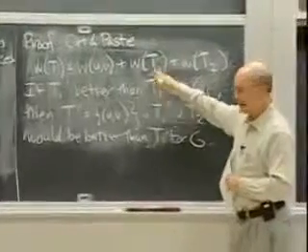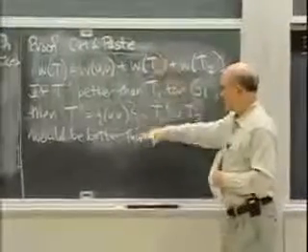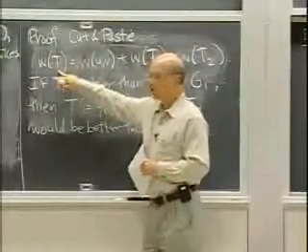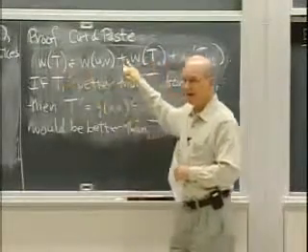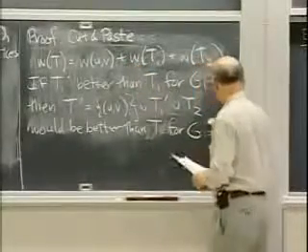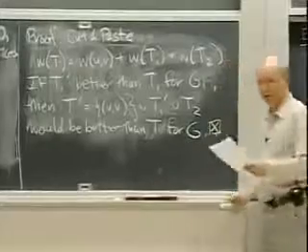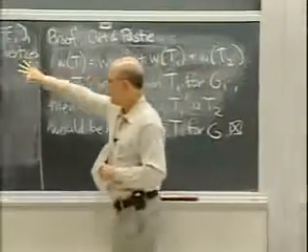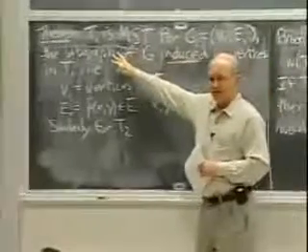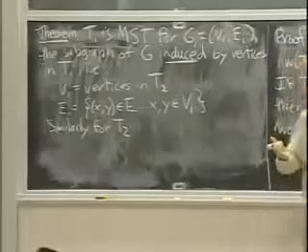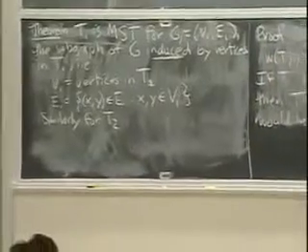And so therefore, the assumption that T was a minimum spanning tree would be violated if I could find a better one for the sub piece. So we have this nice property of optimal substructure. I have subproblems in it that exhibit optimal substructure.